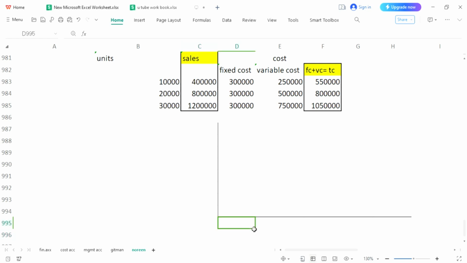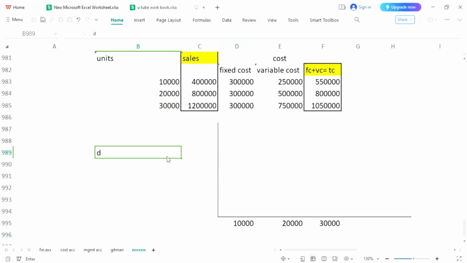So for the first, 10,000, and then you will put 20,000, and then you will put 30,000, and that's enough. So only 3 points are considered. On the y-axis you will have your sales and you will have your total cost as well.